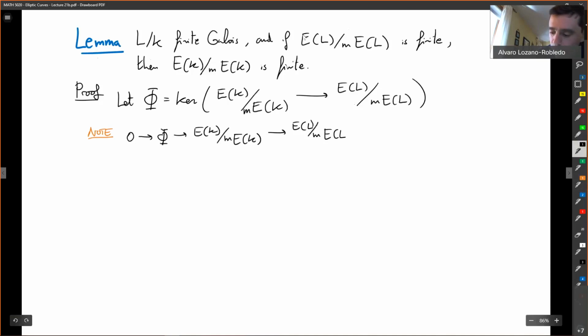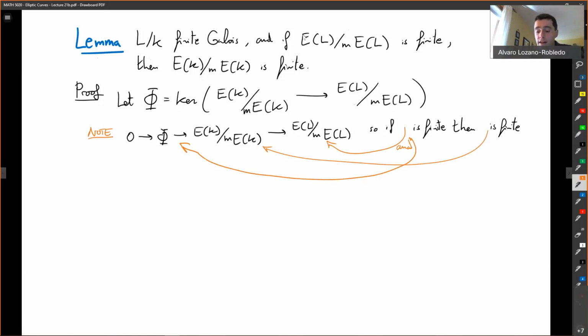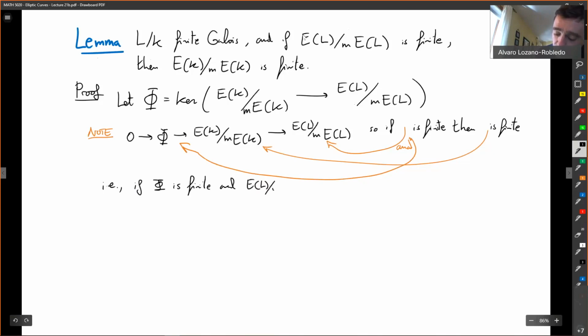That is, if the kernel is finite and E(L) mod M E(L) is finite, then E(K) mod M E(K) is finite.